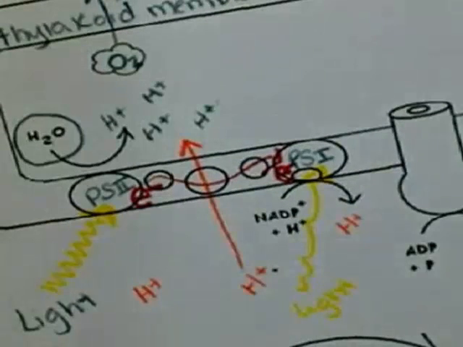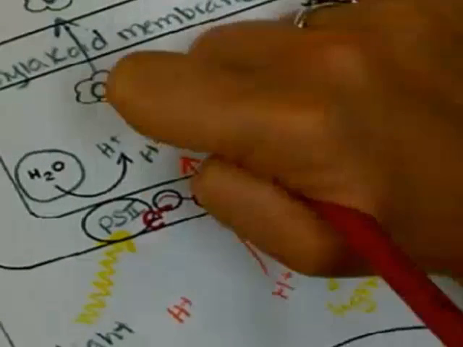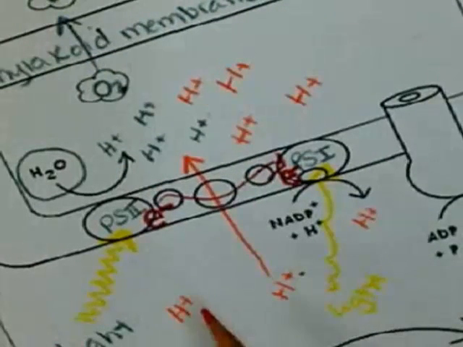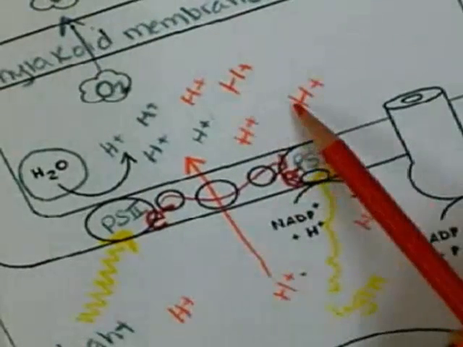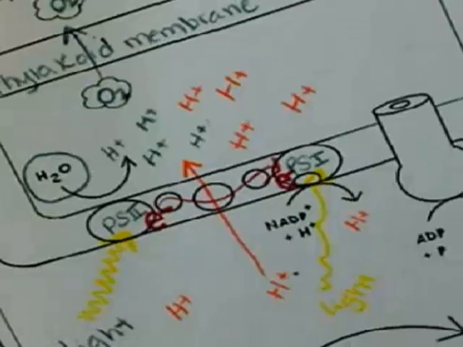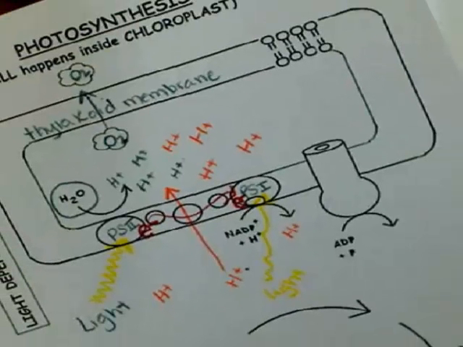Okay, so we have our light energy, and as this is going on, we're having tons of hydrogen ions over here, and as you can see, we have a concentration gradient that's lower on this side, but it's higher up here. So this is one of those instances where we see active transport take place, where we're going from low concentration to high. And that's all for later for our production of ATP.